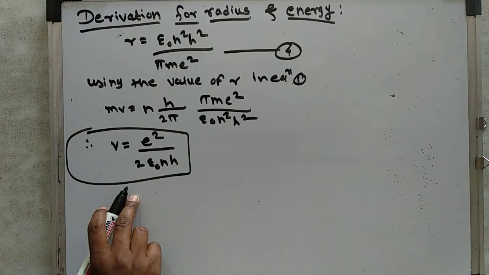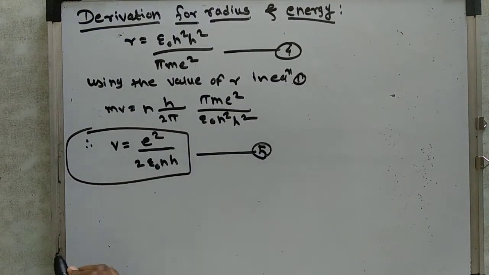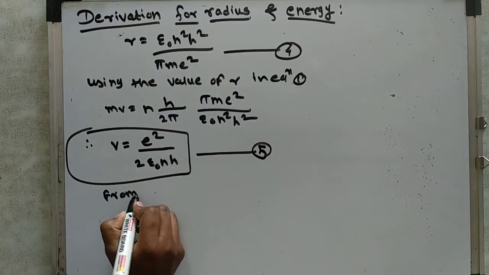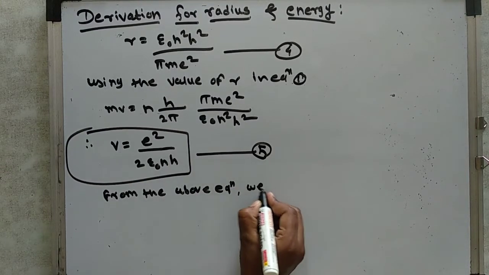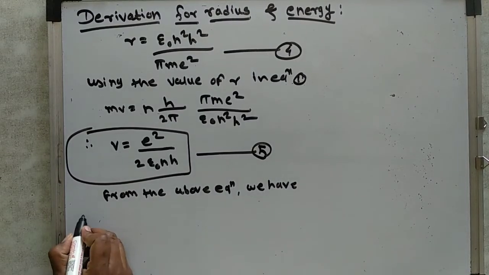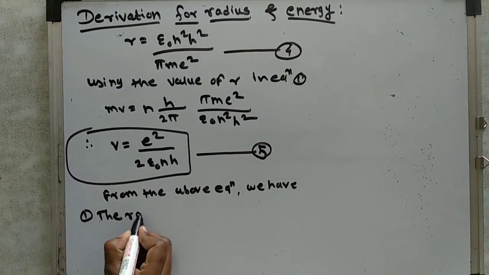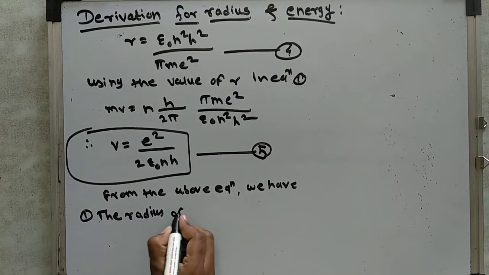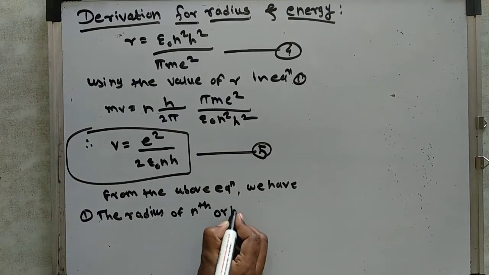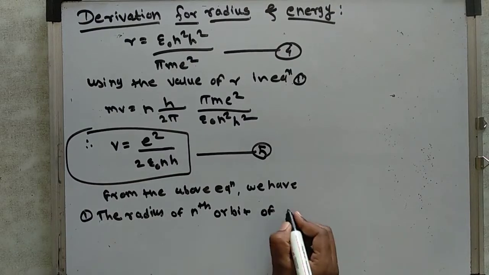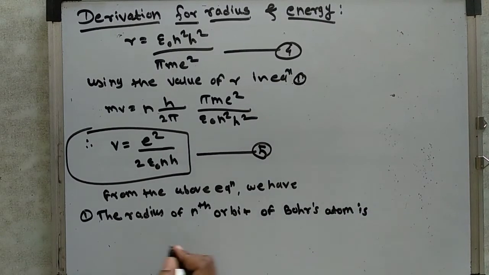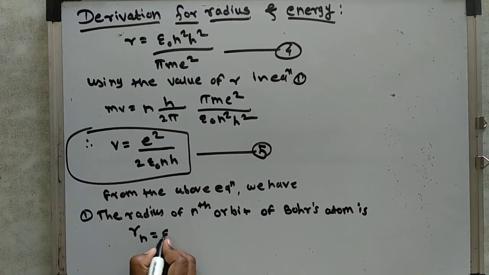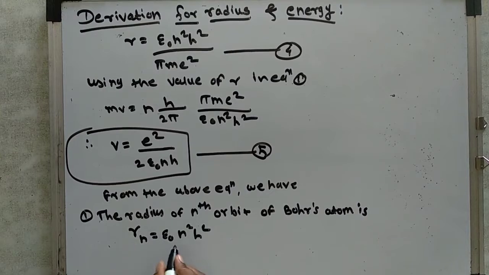From the above equation we have, first, the radius of nth orbit of Bohr's atom is rn is equal to epsilon naught n square h square upon pi m e square.